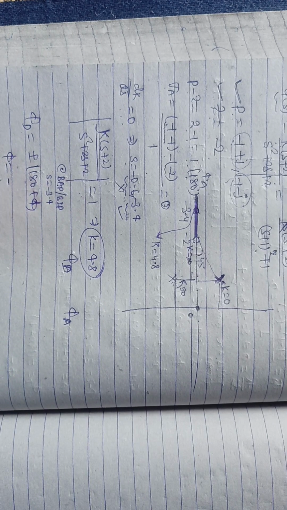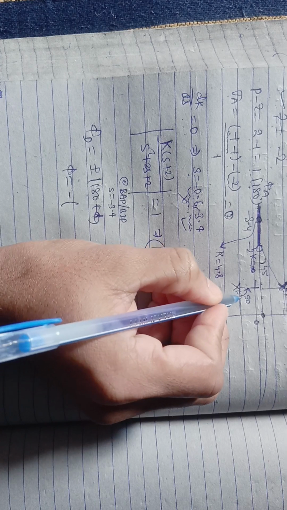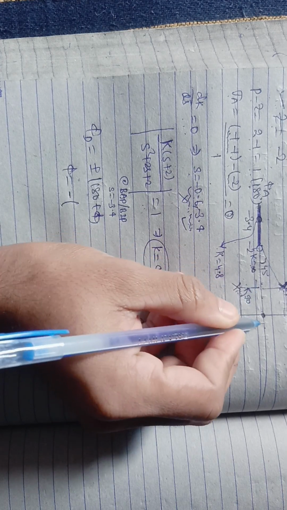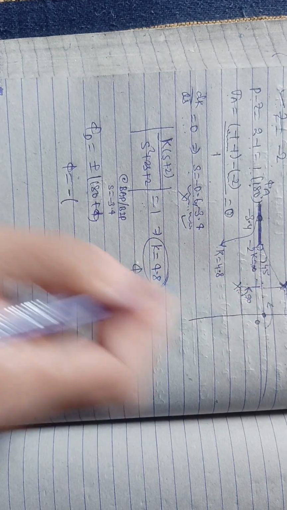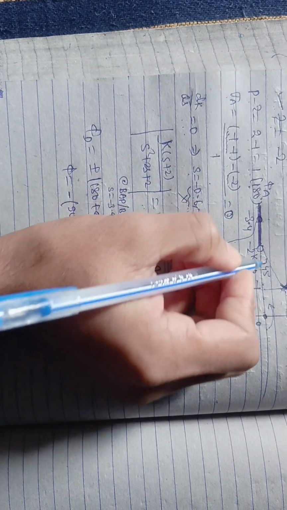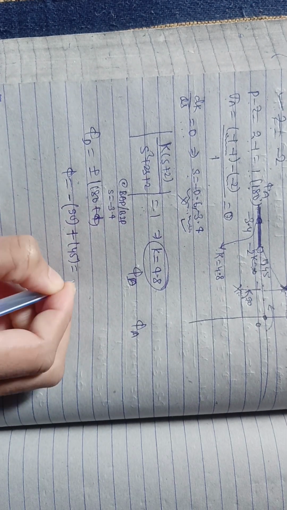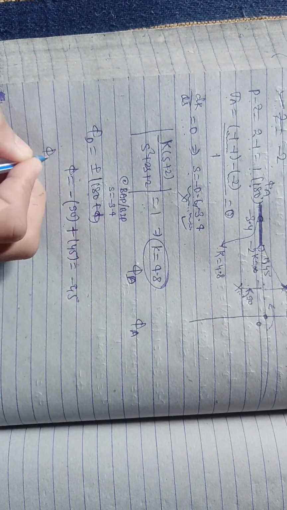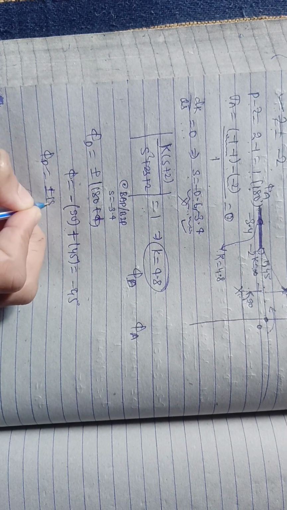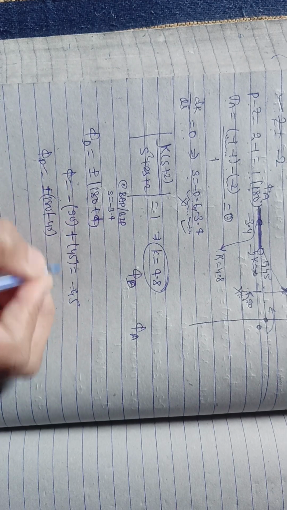So minus for the pole, and the pole makes an angle of 90. And plus for zeros, and the zero makes an angle of 45. So it comes to minus 45 degree. So the angle of departure is plus minus 180 degree minus 45. It means phi equal to minus 45.